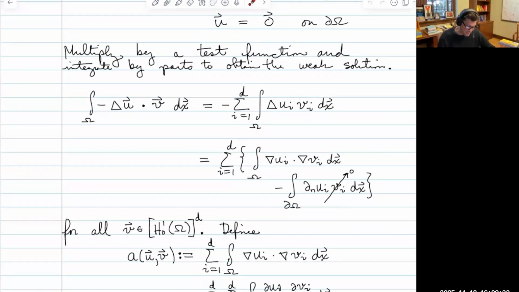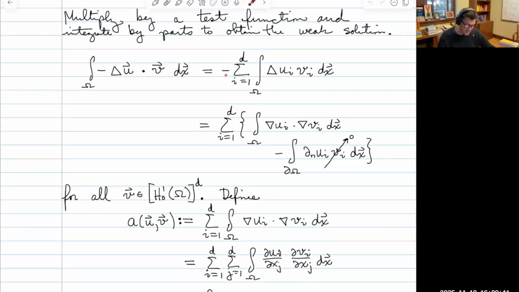Now, the reason why I wrote it that way is because now we can apply our integration by parts formulas as before, applying it to ui and vi. So we're going to remove a derivative from the ui and place it on the vi. When we do that, we're going to change the sign. The sign goes from plus or minus to plus.